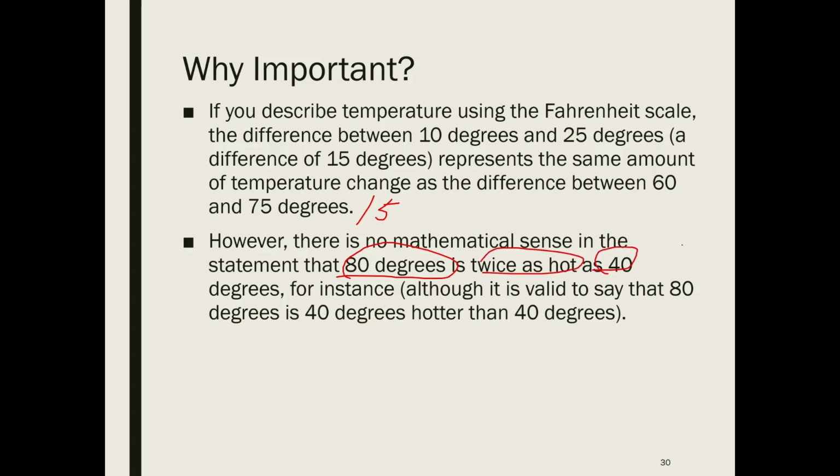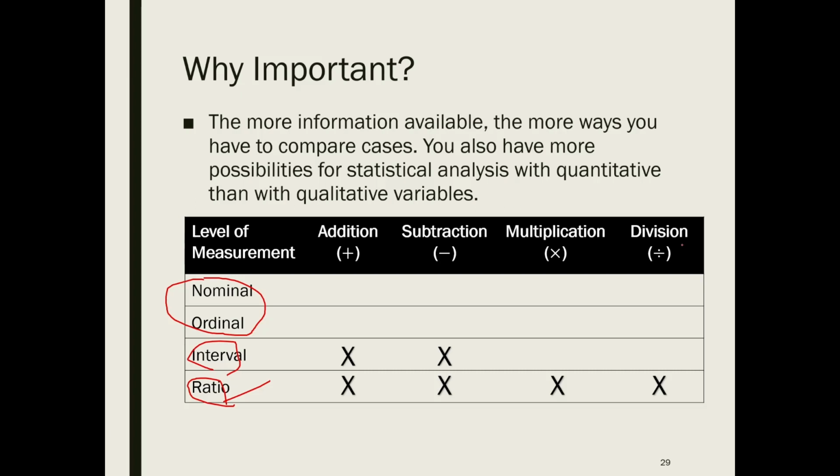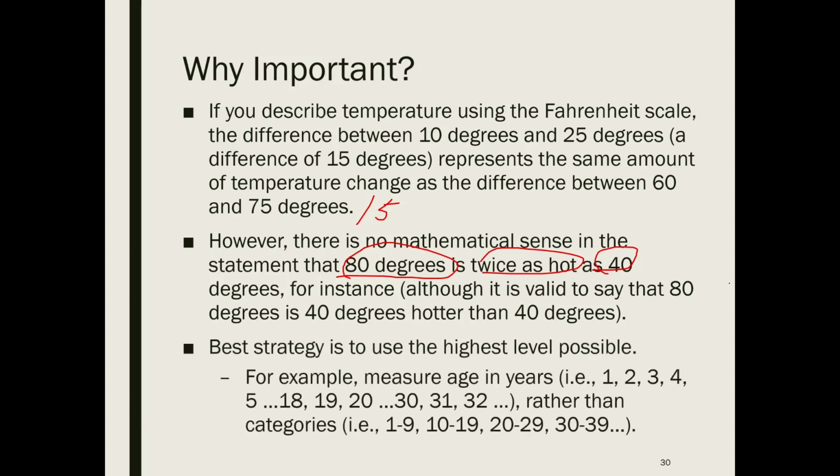People never say twice as hot or twice as cold as 40 degrees. It doesn't really make sense, right? So that's another reason I think temperature is an interval variable instead of a ratio variable, because it can't do division.